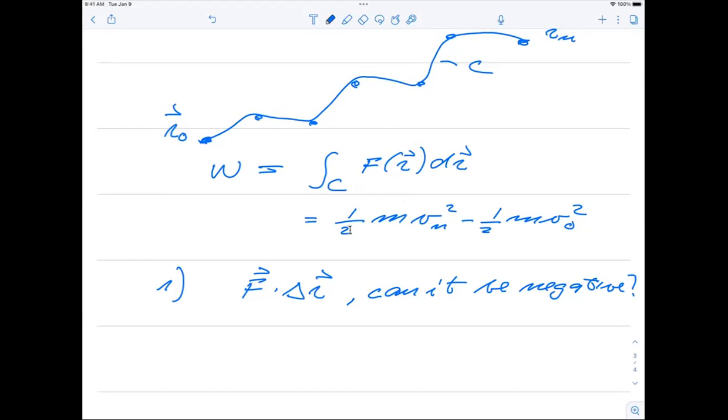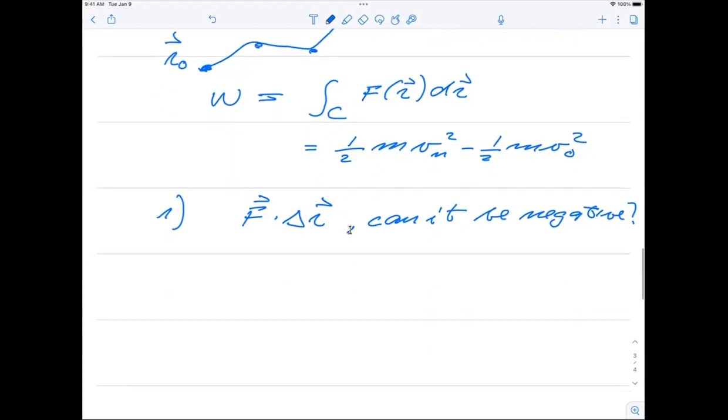So when you see this term becoming negative, it means that you have a system where the velocity decreases and the kinetic energy decreases.